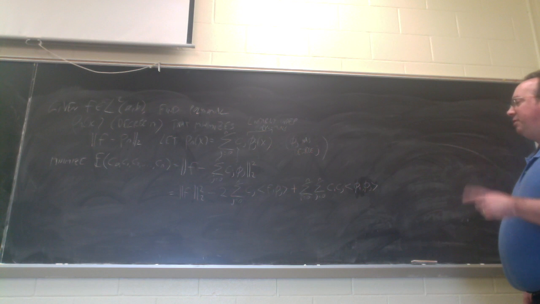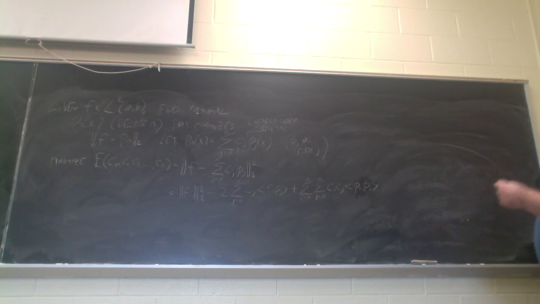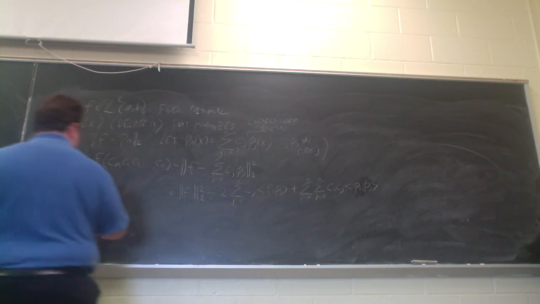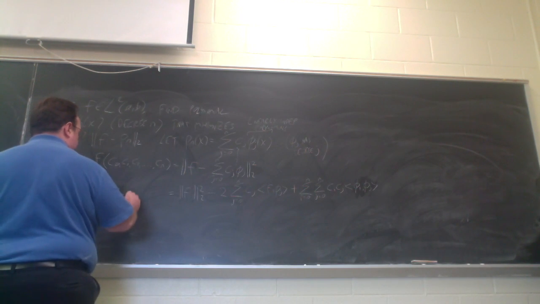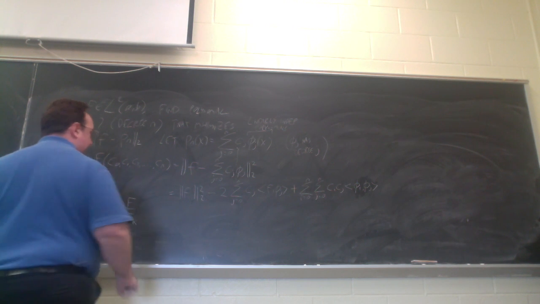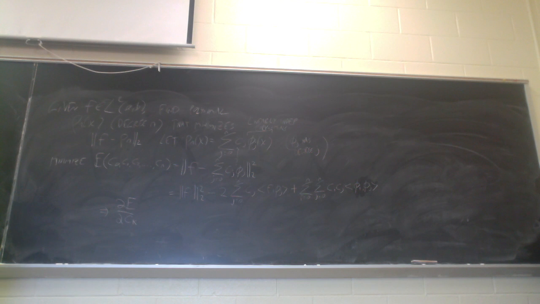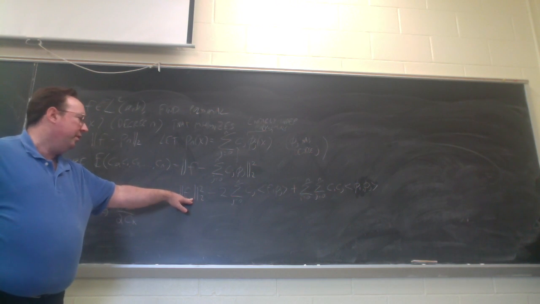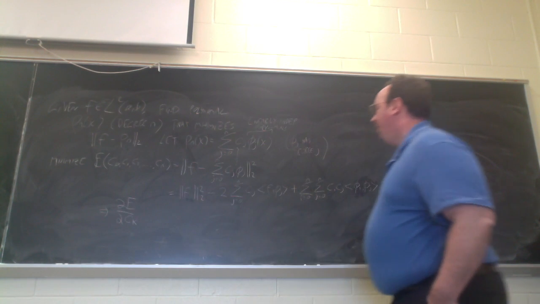So I need to take a derivative of this with respect to each of these c's, and then set it equal to 0. Okay, so if I take the derivative of my error function with respect to Ck. Well, this doesn't have any C's in it, so that's going to be 0. Here, this is the linear term.